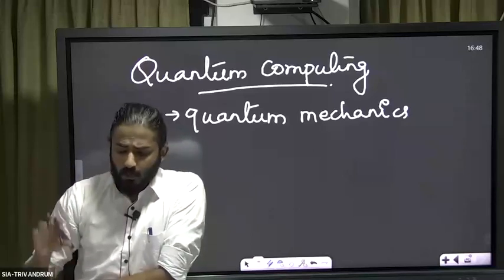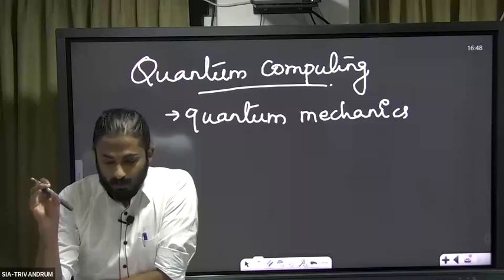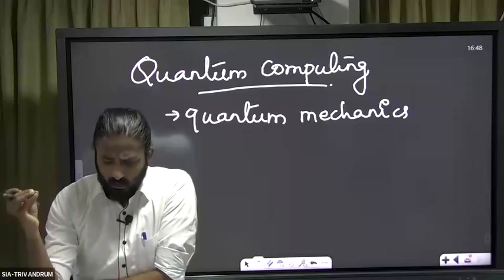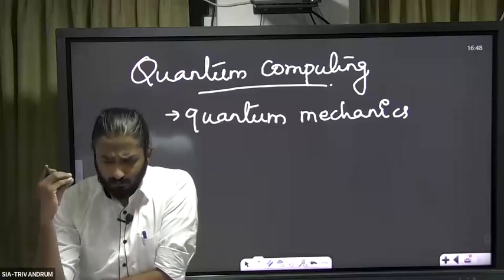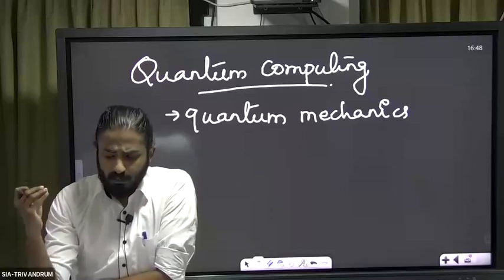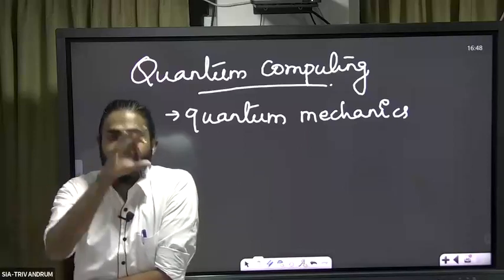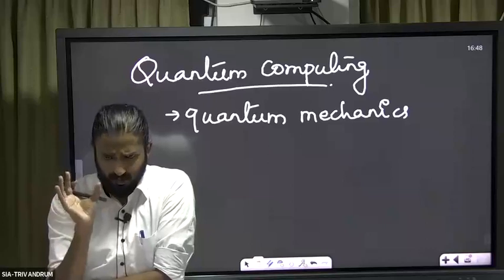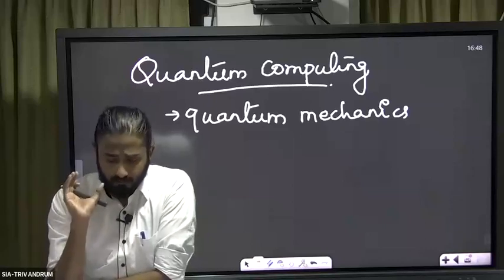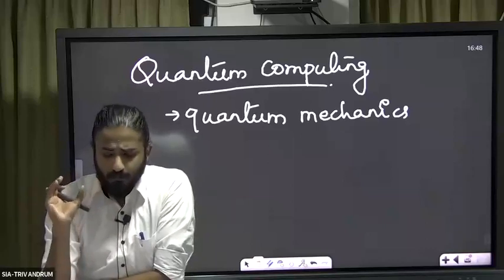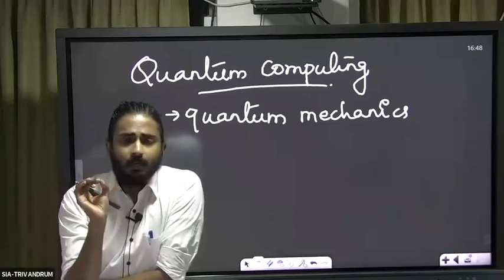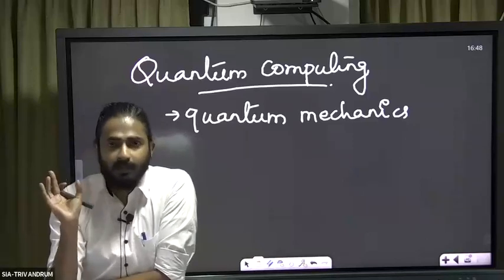So we have classical mechanics, which is based on how objects move at everyday size and speed, like a normal ordinary object, how it will move. This object will exist at one place at one time. This is classical mechanics.